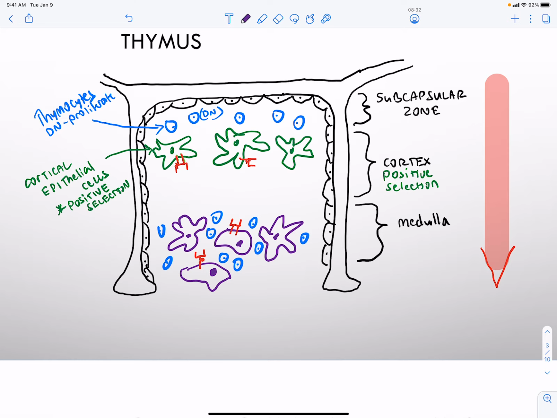You will have in the medulla your traditional dendritic cells. You will have your traditional macrophages. And you'll have your medullary epithelial cells.